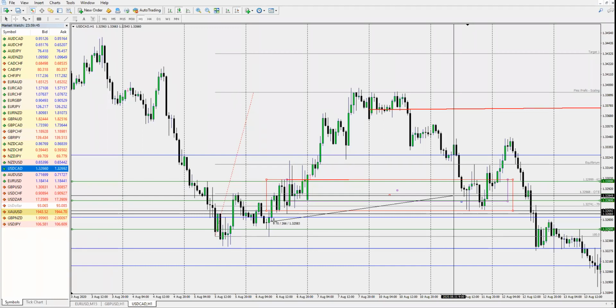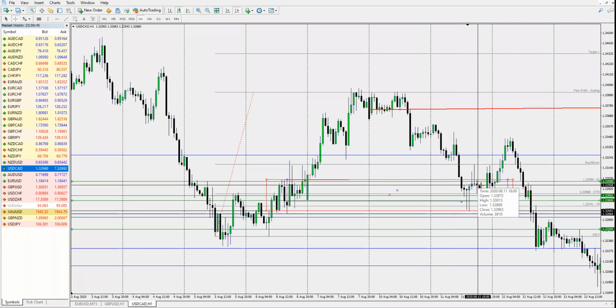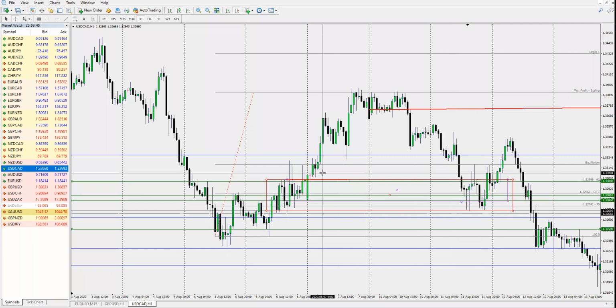So a 25 pip stop loss, and the trade went about 60 pips or so up. I think I closed at about 49 or so. But there you can see that that was a trade that I took. I had 5 confirmations and it was a decent trade.